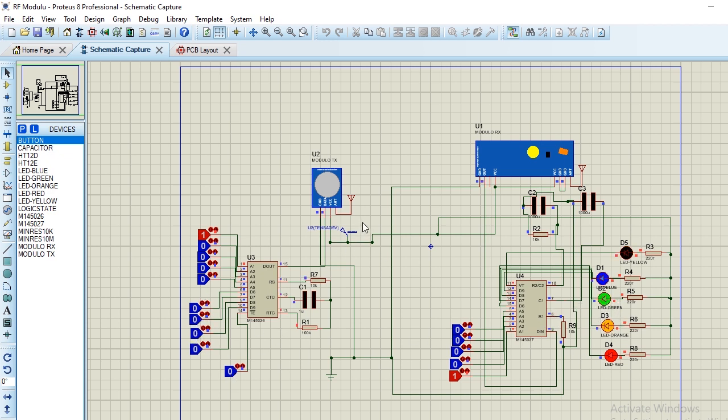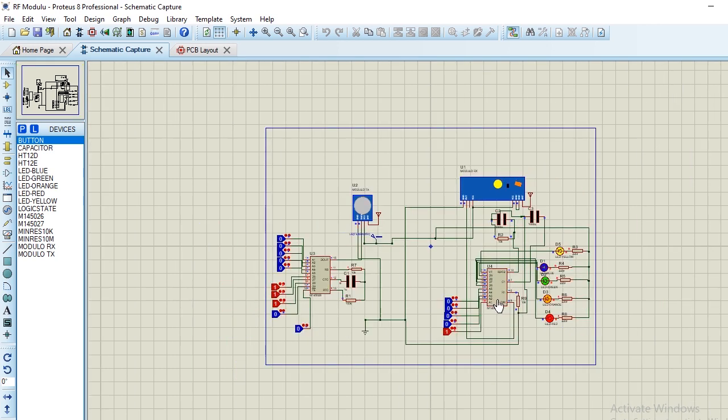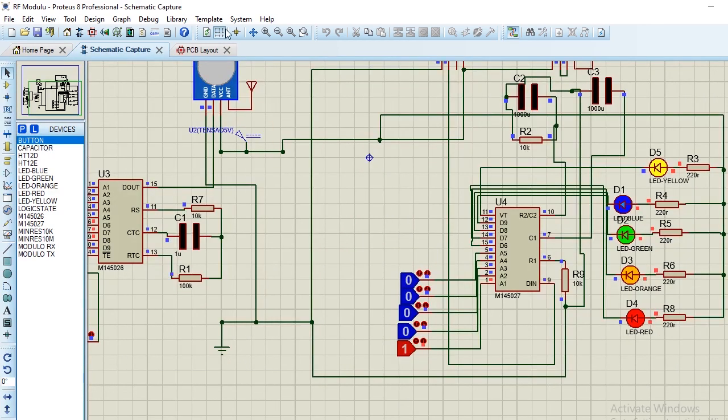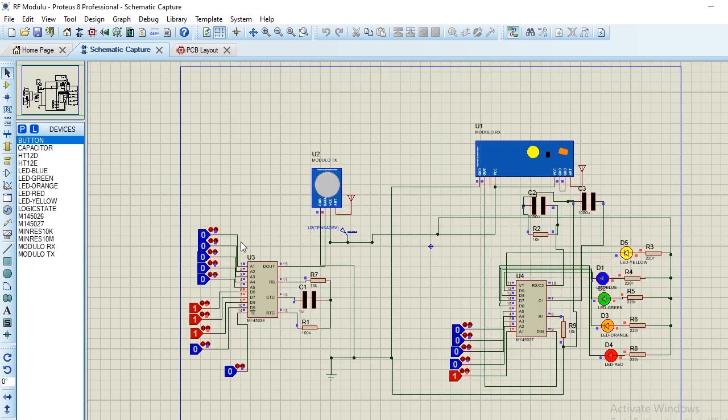So let me show you what I mean by the address line. Watch, if I change this address line of this encoder to 00, the signal just stops and this thing stops blinking. Any signal that I try to pass will not be sent because these two address lines are not the same. The encoder address line is 00 throughout, while the decoder address line is 100.